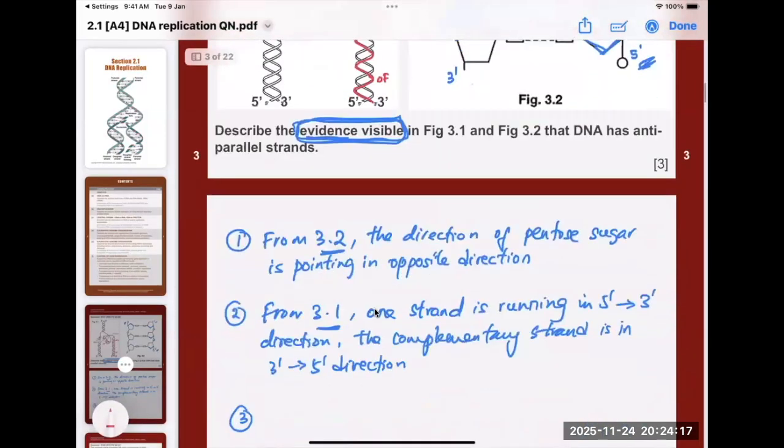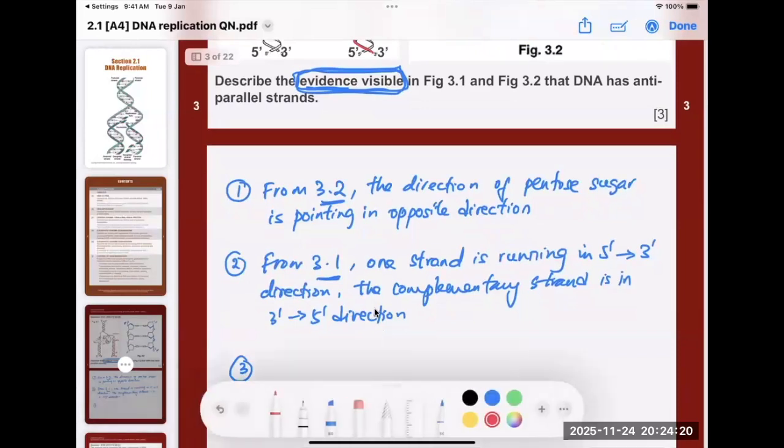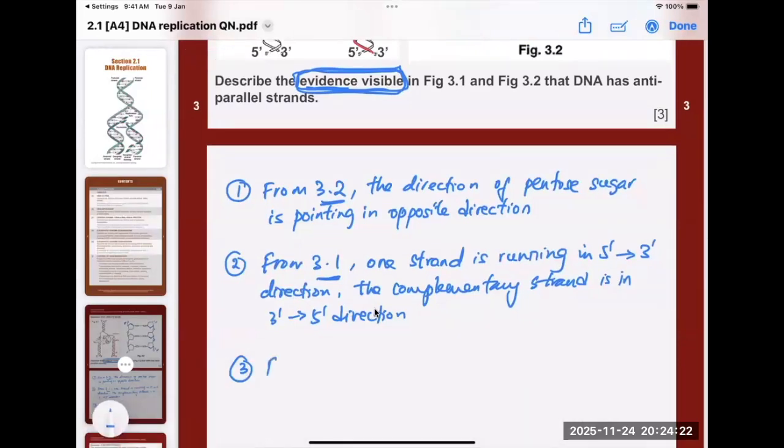So meaning that from 3.1 again, one daughter strand is synthesized continuously.